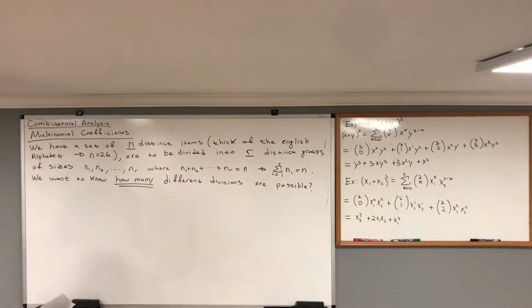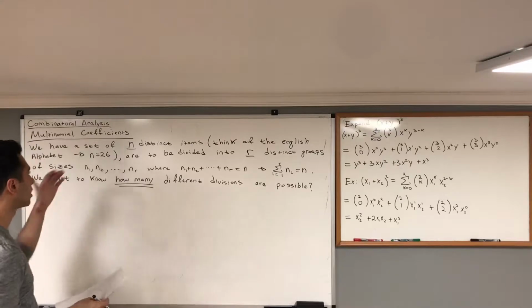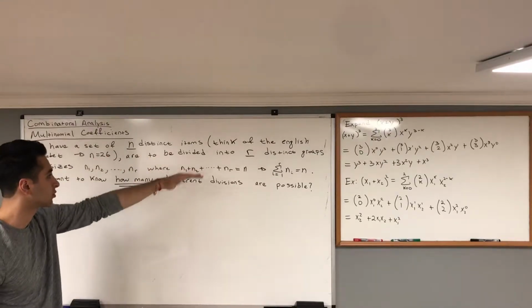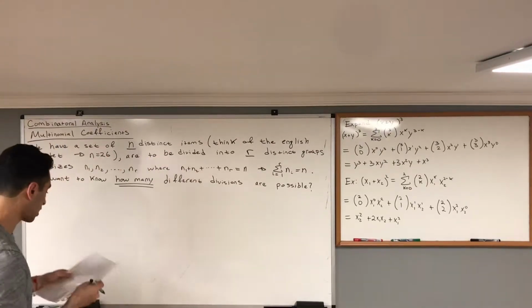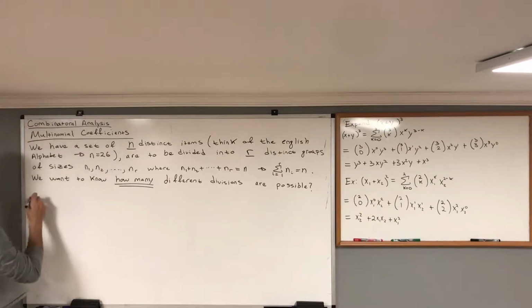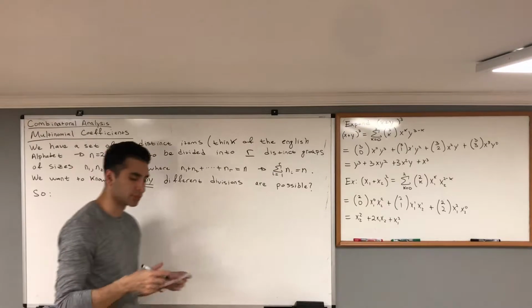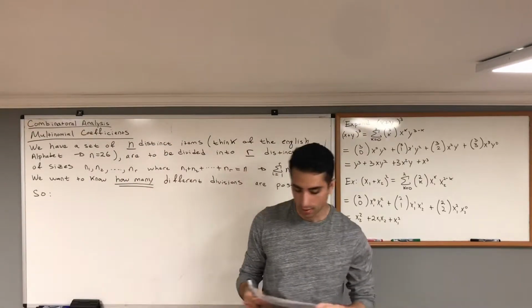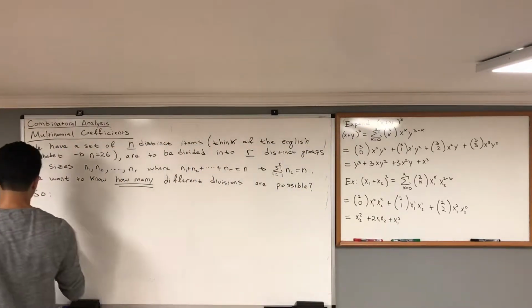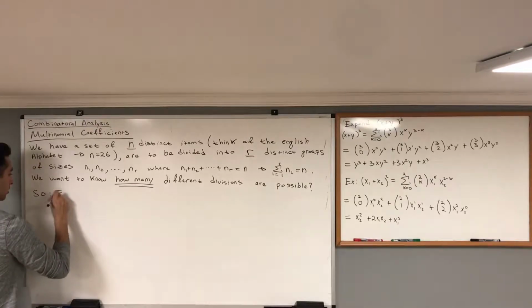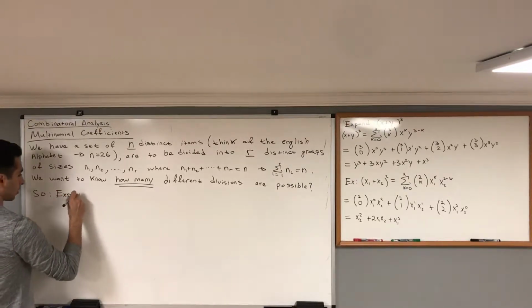Well, how many divisions are possible of n distinct items into our distinct groups given this? Well, let's try this. Let's put it in terms of experiments, okay? So, experiment number 1.